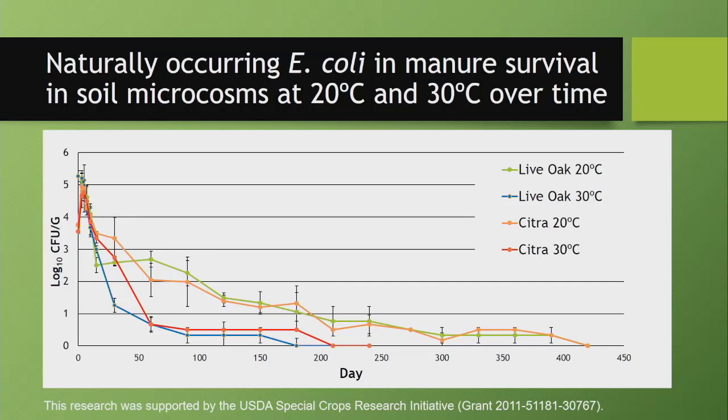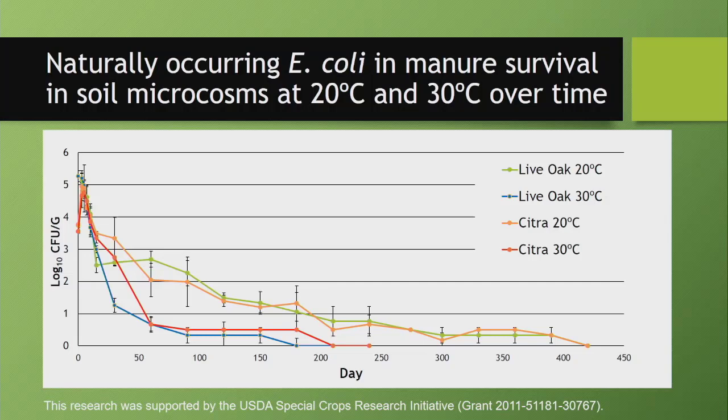So our red and blue lines here indicate that at that 30 degrees Celsius, by about 200 days or so, they weren't detecting it in the soil. But at those 20 degrees Celsius temperatures, they were still identifying E. coli in these manure-containing microcosms out to about 400 days. So there was pretty extended survival.